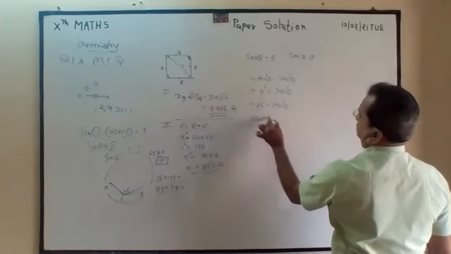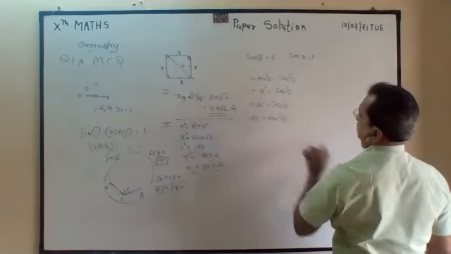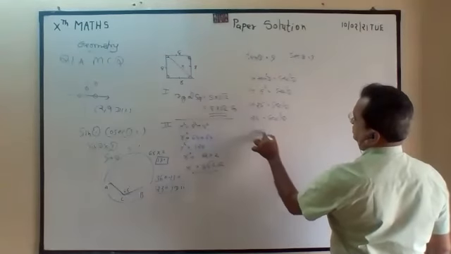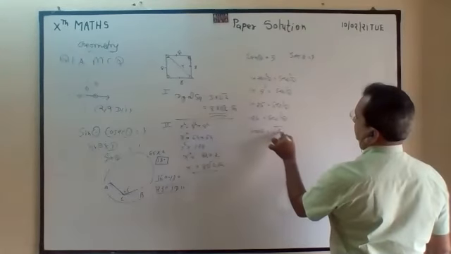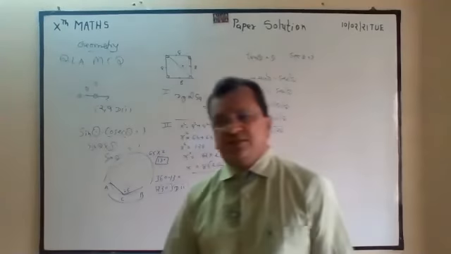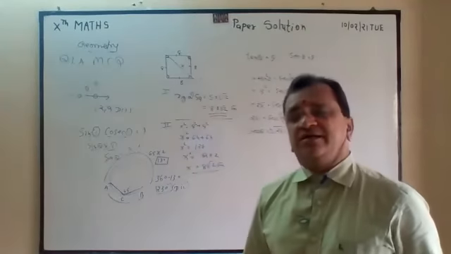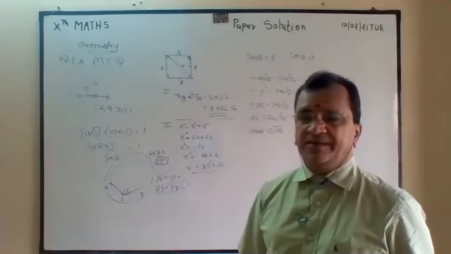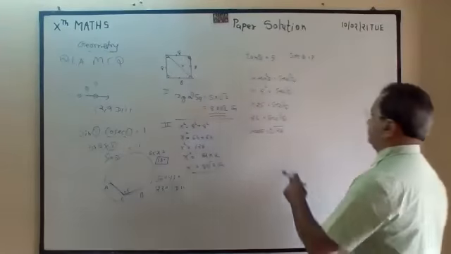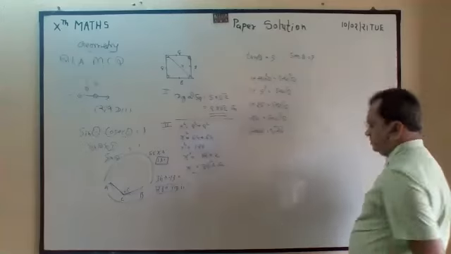So 26 is equal to sec square theta. Correct. So sec theta is equal to under root 26. These are related to the side. Again, it will not come negative. Correct.